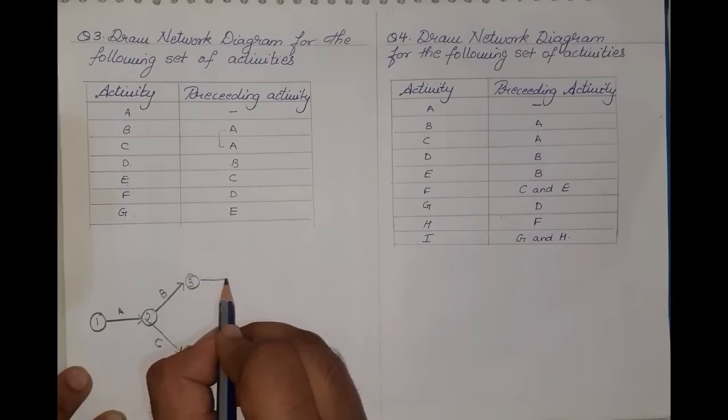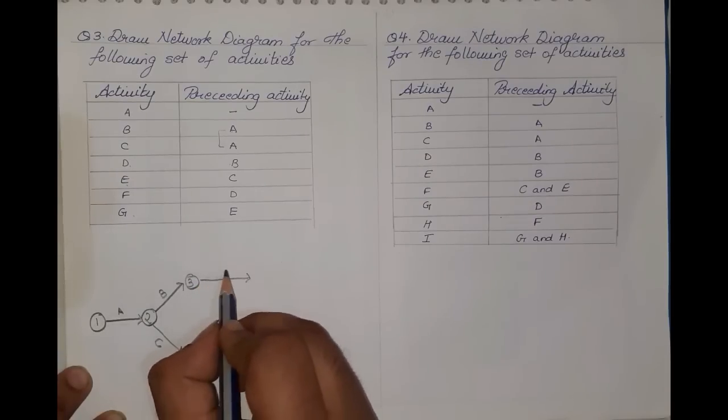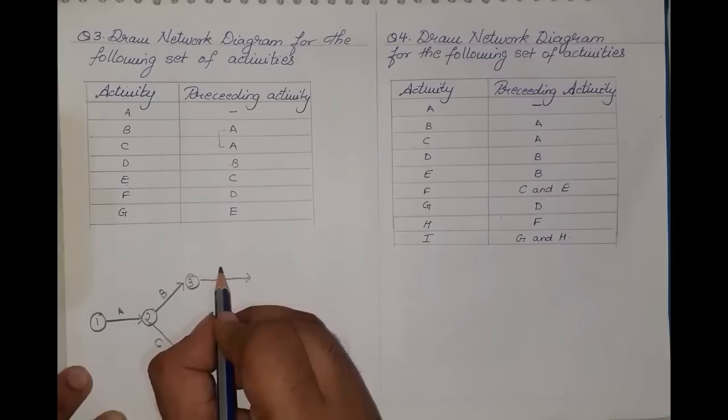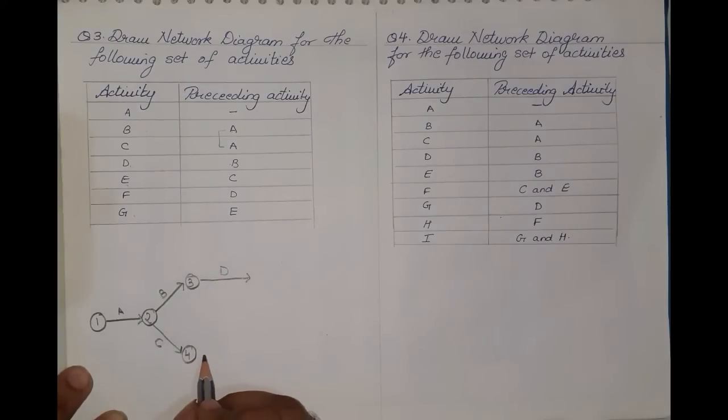So from B we are noting down activity D, and from activity C activity E has evolved.